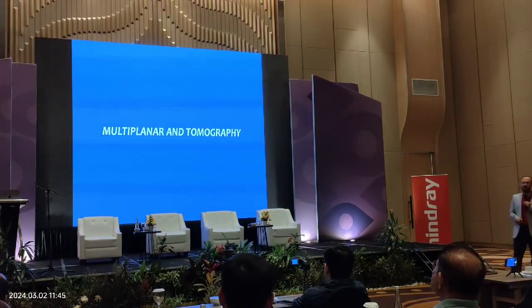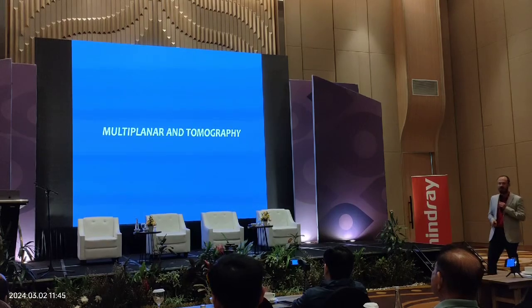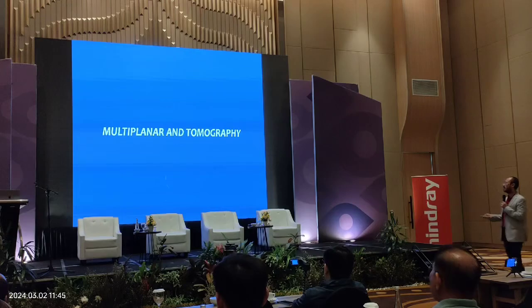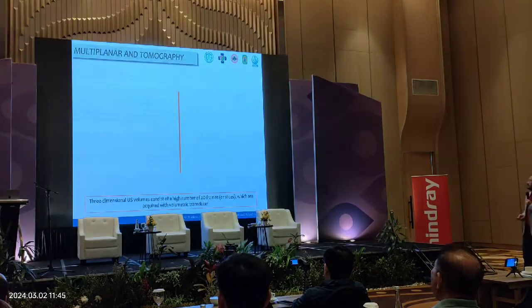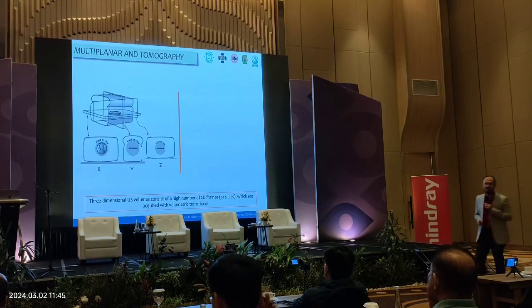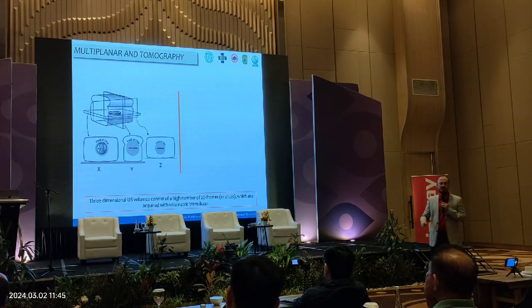So we will start with the most important one, the functions for viewing three-dimensional ultrasonography: multiplanar and tomography. If we cut the bread in slices, coronal, axial, and sagittal, that is what we do in multiplanar.